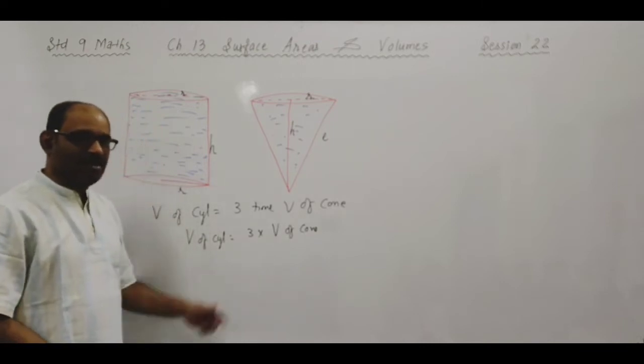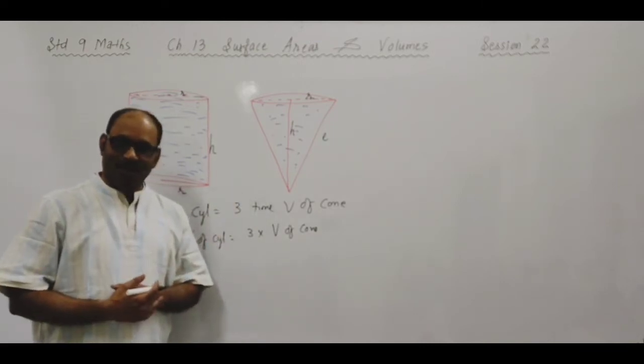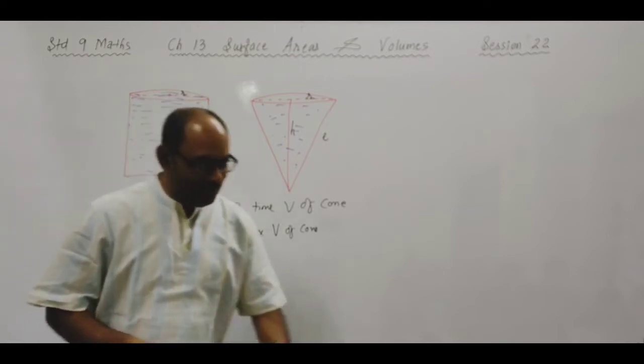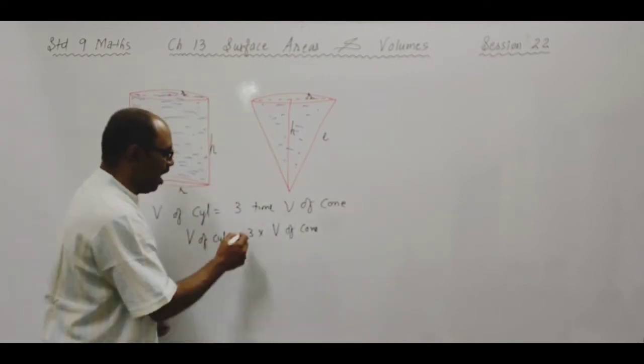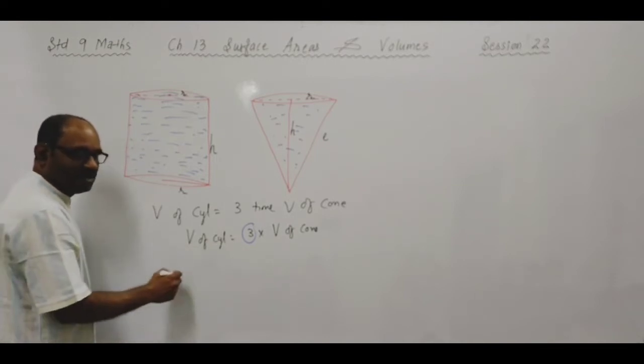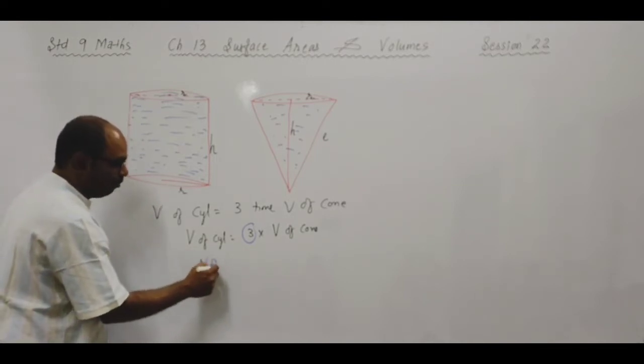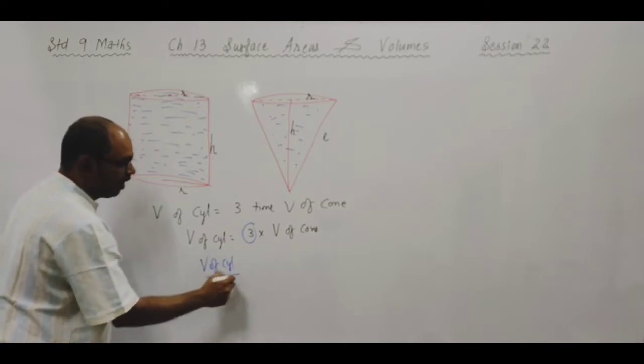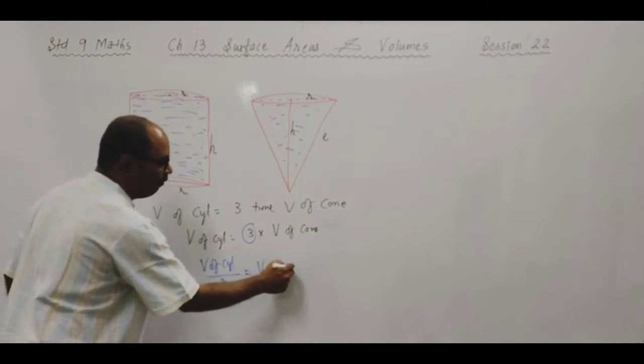But my interest is to know the formula to find volume of cone. So I'll make that the subject of the formula, and for that I'll have to get rid of 3. So 3 will divide on the other side. I can write volume of cylinder divided by 3 is volume of cone.